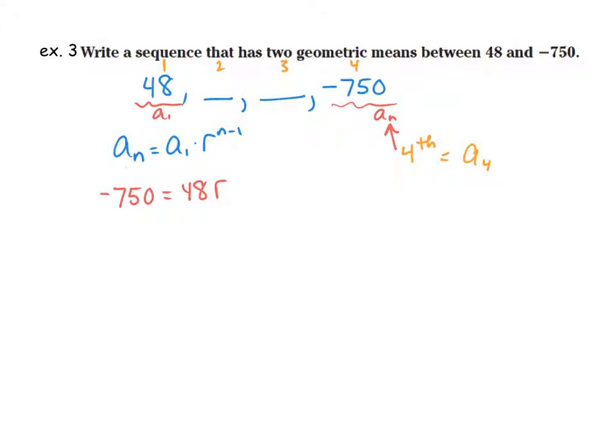So that's why, if I think of it like this, my n is 4, and I could say r to the 4 minus 1. Okay? That allows me to actually figure out what my r is. So if I divide by 48, then I have to take a cube root of that, correct? To get r by itself.